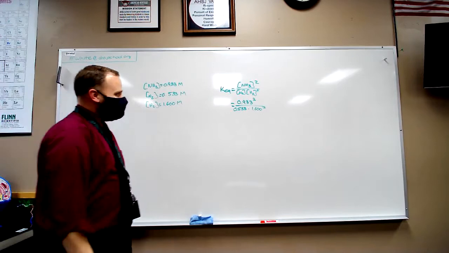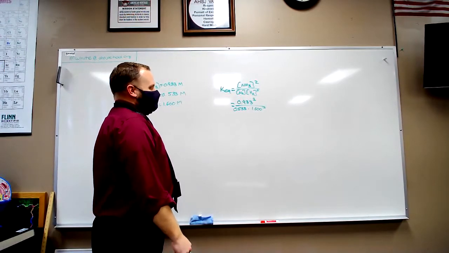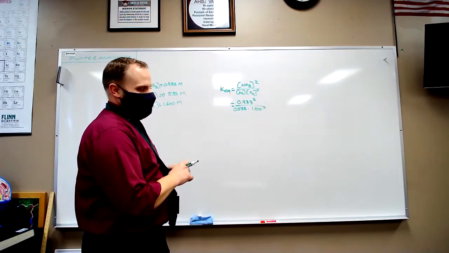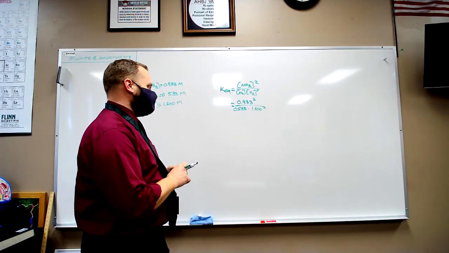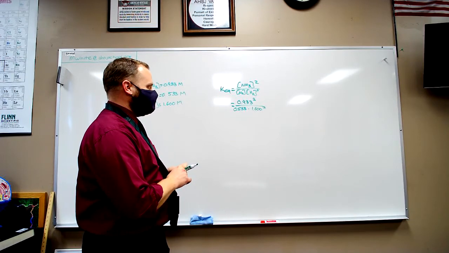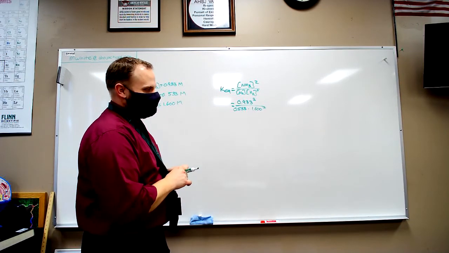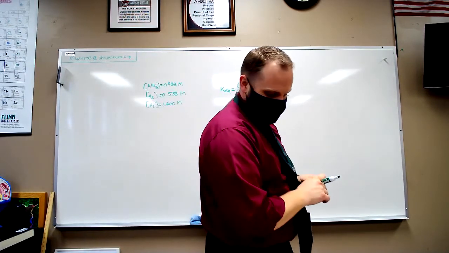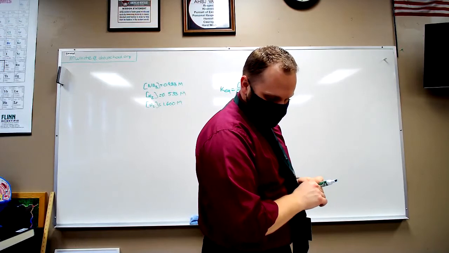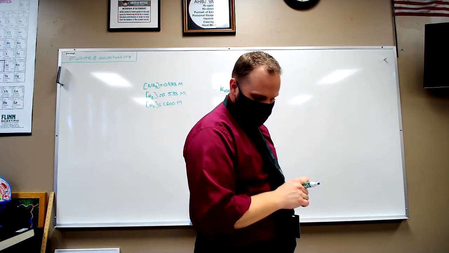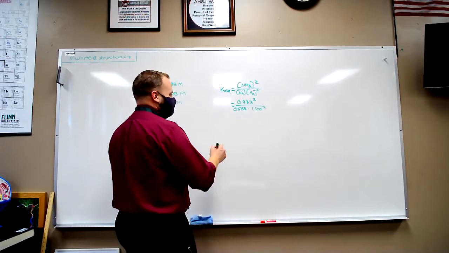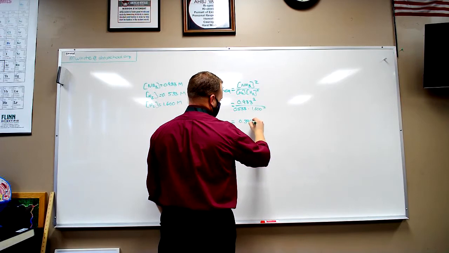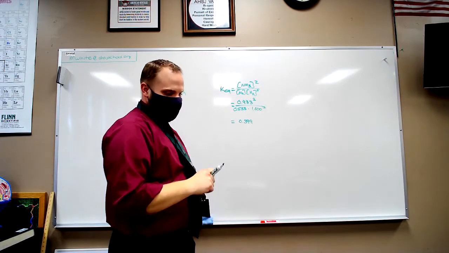The hardest part of getting this answer is making sure you include all of your exponents and that you get your order of operations correct. Other than that, it's just putting it into the calculator and getting a number, which gives us the value of 0.399.